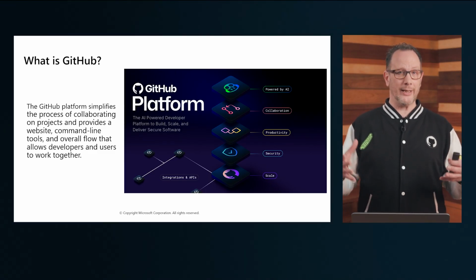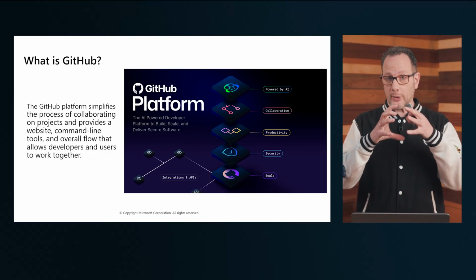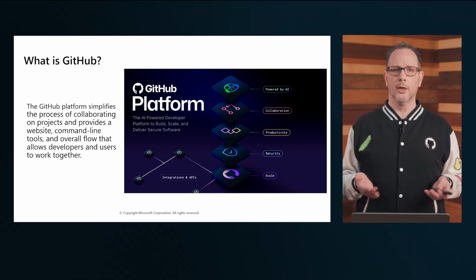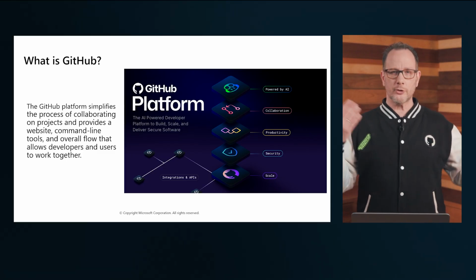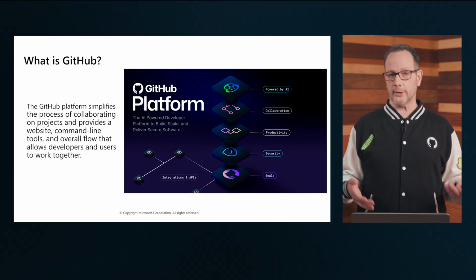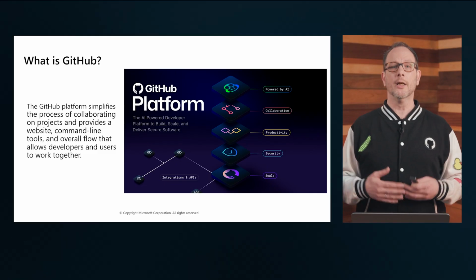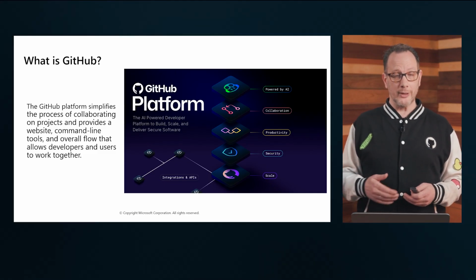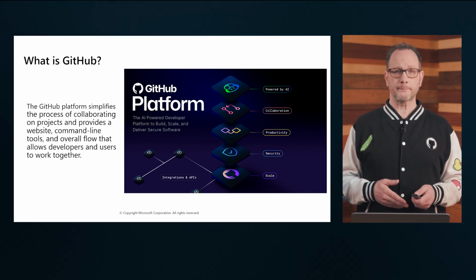One of the key strengths of GitHub is the way it centralizes everything related to a project in one single place. So instead of juggling multiple systems for code, documentation, discussions, and project tracking, GitHub brings these components together so that you always have context and visibility.